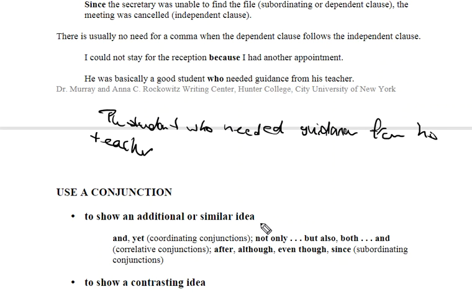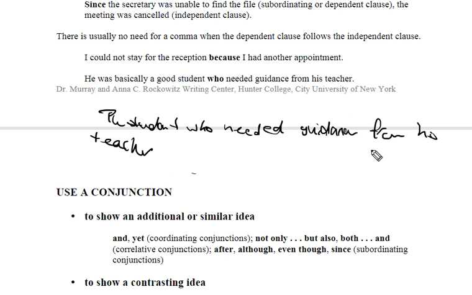Is that independent? Maybe it has all of the sentence elements, but does it have a complete thought? Does it tell us more about this student? No. It's just introducing the student who is about to do something, but we never knew what's going to happen with him. So that's why we cannot consider it a complete thought.